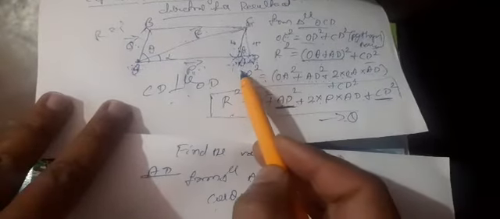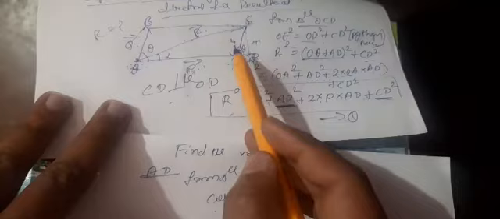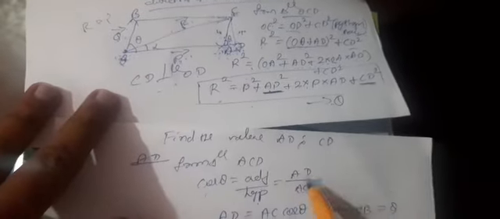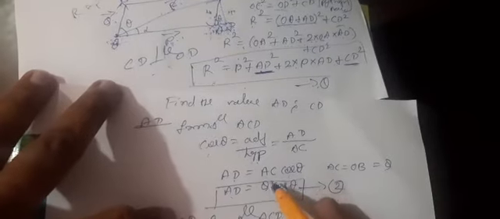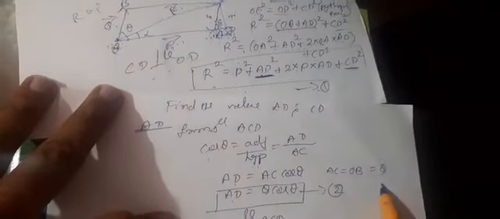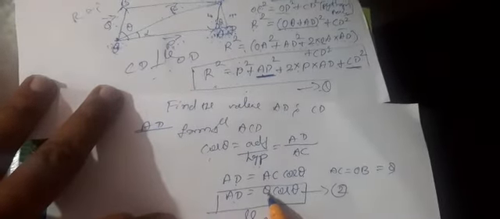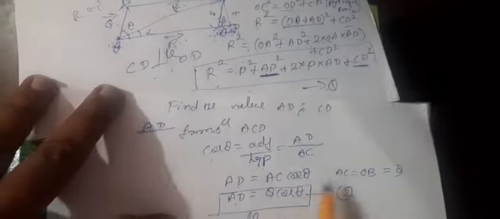The adjacent side is AD, the hypotenuse side is AC, so AD is equal to AC cos theta. The AC is parallel to OB, so its length is the vector Q. Therefore, AD is equal to Q cos theta, that is equation number 2.